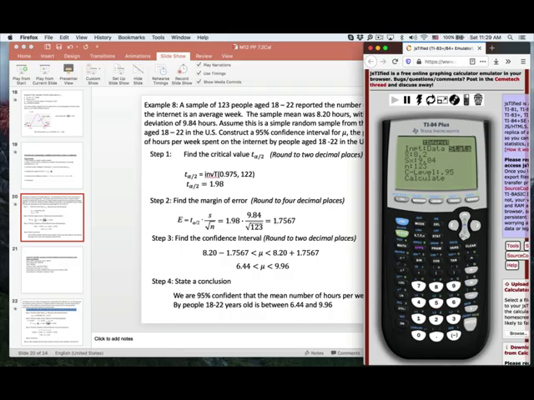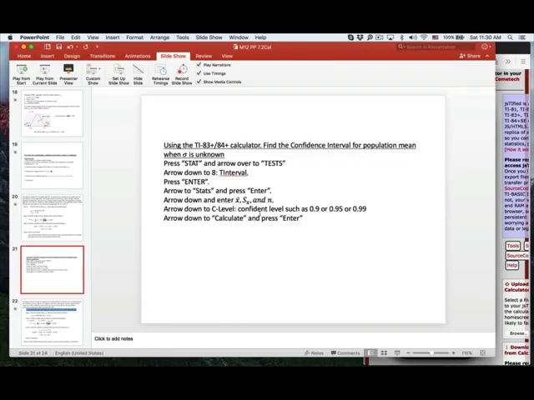Calculate. Okay, enter. So you should get 6.44 and 9.96. Okay, you could follow this procedure on your notes.